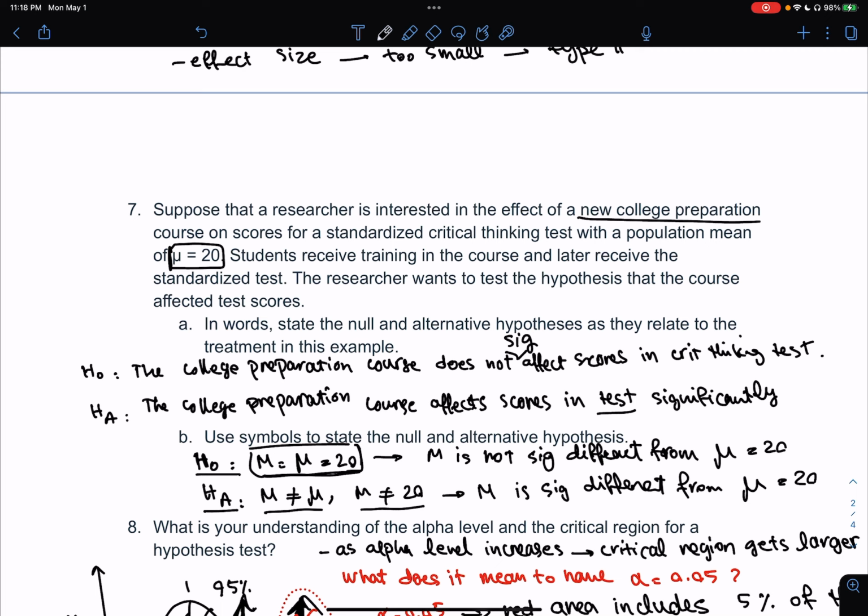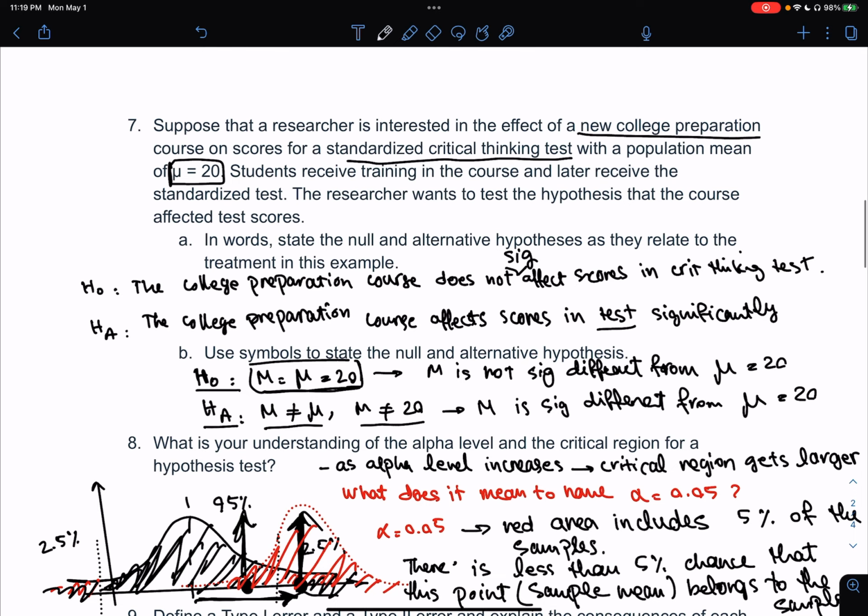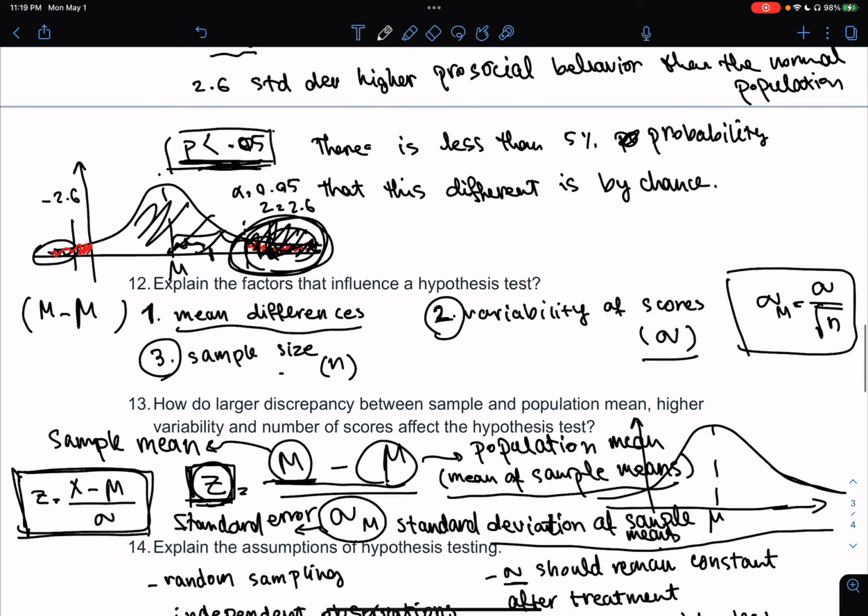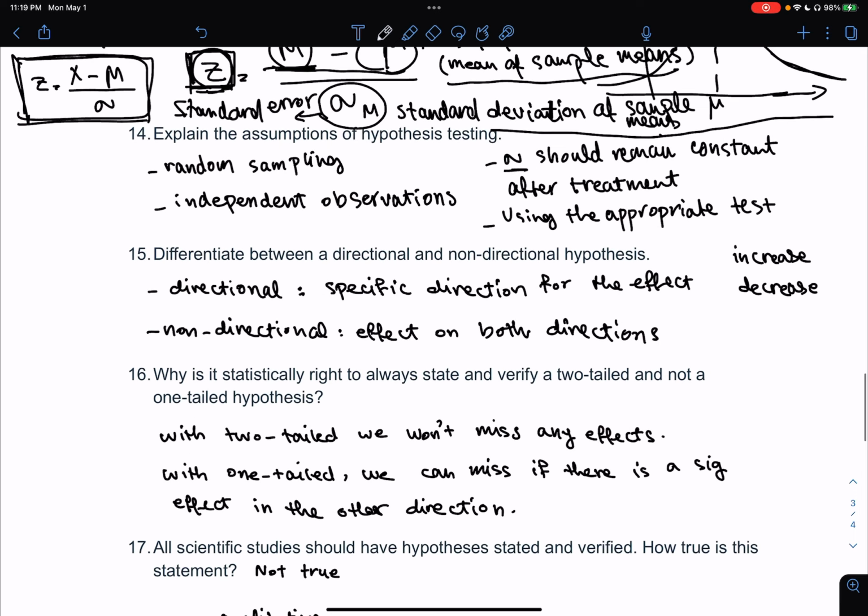So if this specified that we are looking at whether this course can increase the critical thinking test, that would be directional.